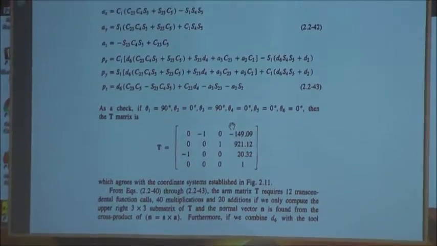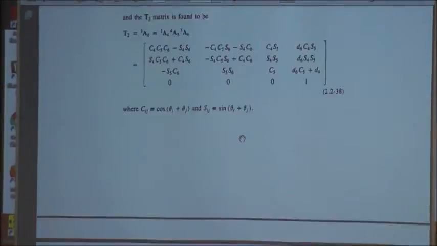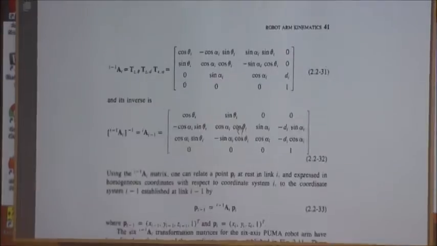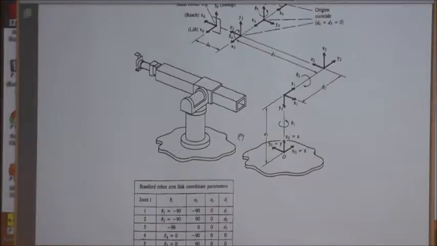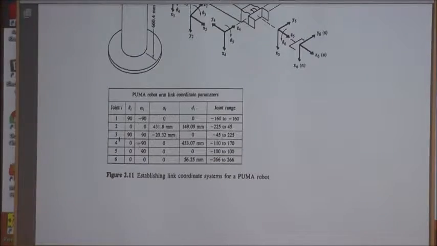Now, if you remember this table right here, for angles 90, 0, 90, 0, 0, 0, you have these values.